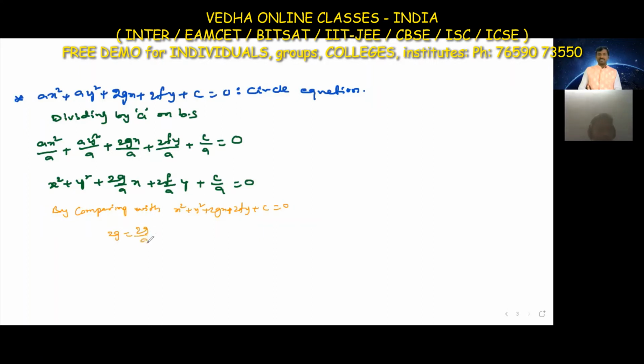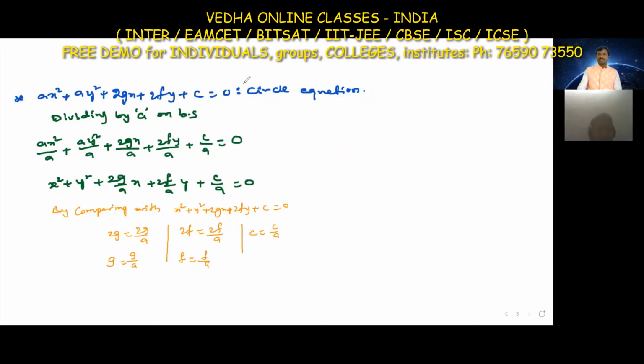The 2g value is 2g by a, the 2f value is 2f divided by a, and the constant is c divided by a. Here the 2 gets cancelled, so g is g by a, f is f by a, and c is c by a.